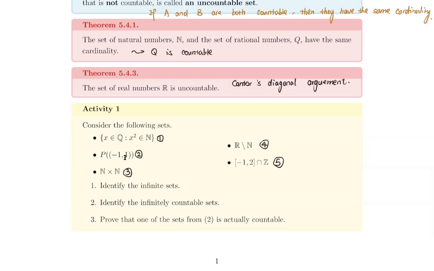Okay, let's look at the first one. The first one, x in rational numbers, such that x squared is a natural number. Is there any other way to write this? Do you recognize what it is?